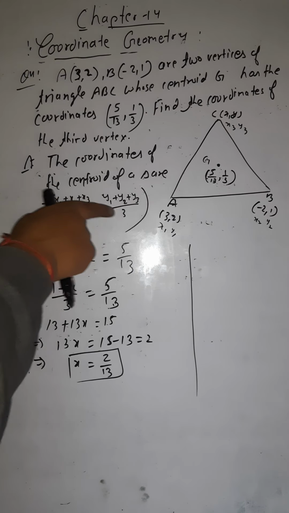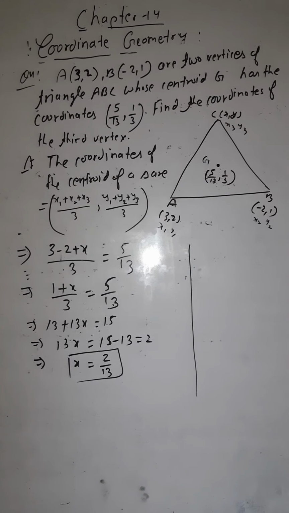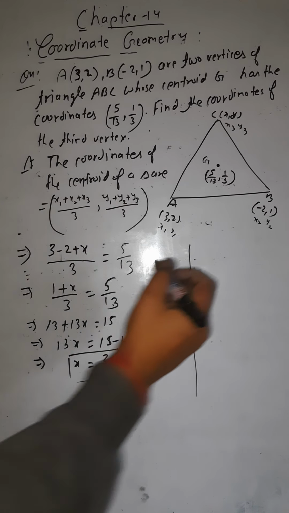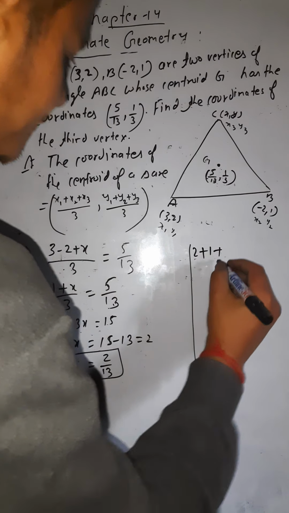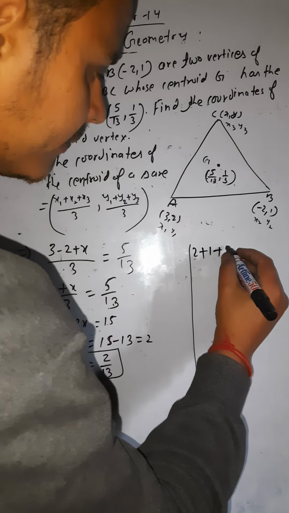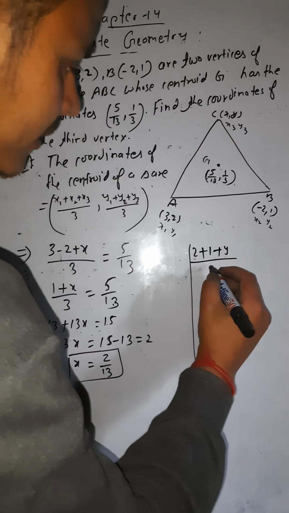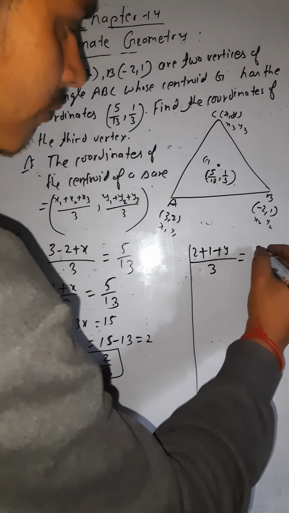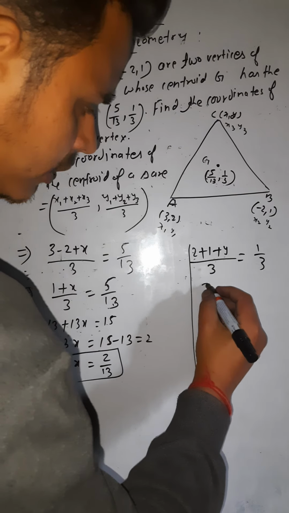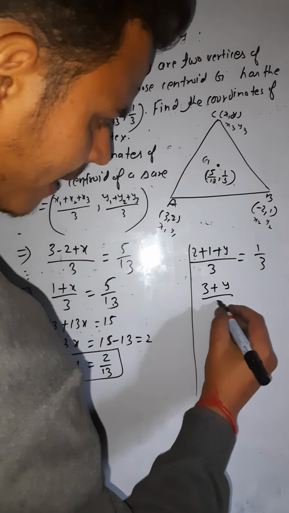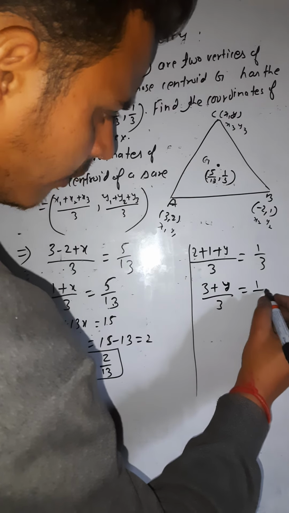y1 plus y2 plus y3 divided by 3 is how much? 1 by 3. y1 is 2, y2 is 1, y3 is y, divided by 3 has been given as 1 by 3. Again I will cross multiply before this. 2 plus 1 is 3, so 3 plus y by 3 equals 1 by 3.